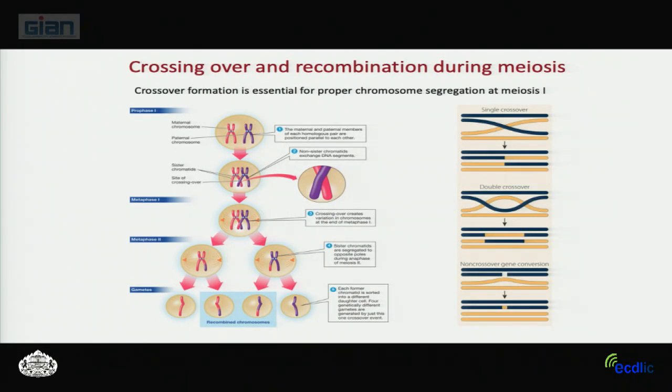If crossover events do not occur, normal meiotic division during meiosis 1 will not occur. So this association between homologous chromosomes that leads to reciprocal crossover breakpoints is absolutely essential for these chromosomes to line up during meiosis 1. So recombination is an absolute hallmark of meiosis.